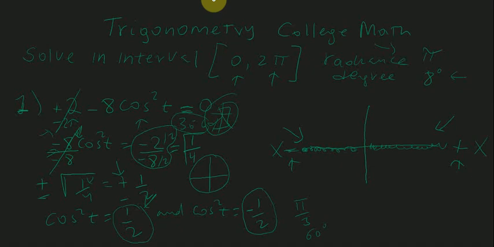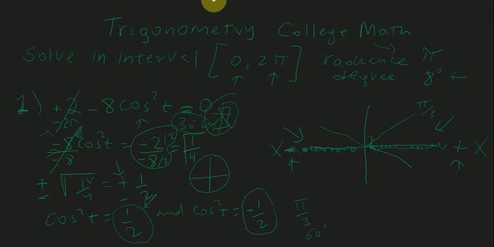So cosine is positive here. From this to this is 90 degrees, so 60 will be somewhere here. We can say pi over 3. Here is another 60, but the cosine here is negative.